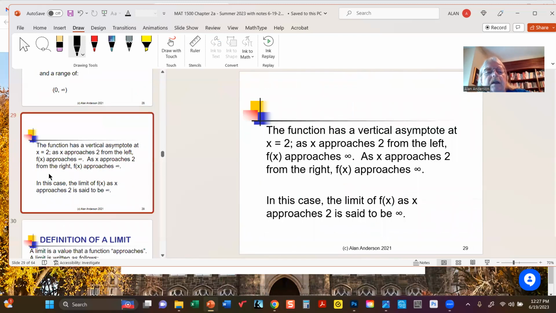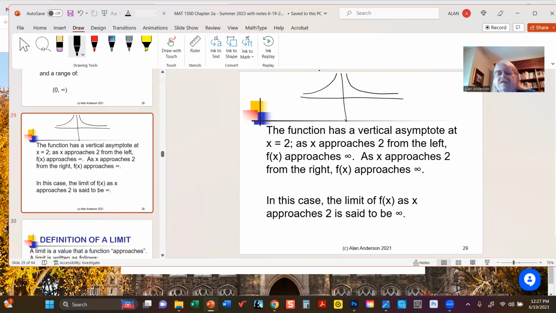Now, 2 is where the asymptote is. So this is an unusual case. The limit from the left, and this is 2, by the way, don't forget.